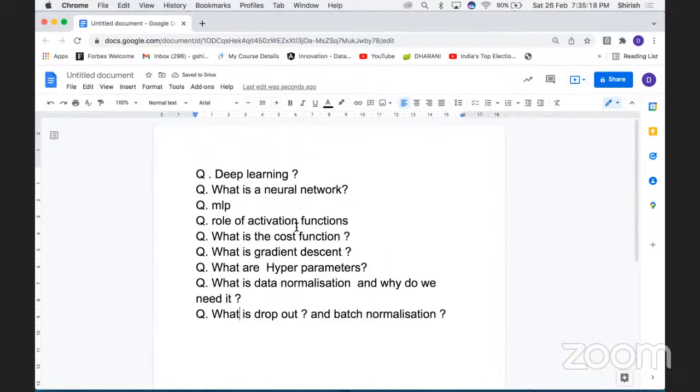Dropout and batch normalization. Why is it required actually? Why is dropout required? Why is batch normalization required? Do you think it's really important for us to go for this?